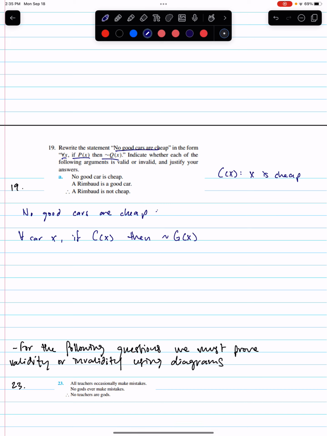That's what this sentence is saying, right? So we'll say g of x is good, but if it's cheap, then it's not good. It says no good cars are cheap. So if our car is cheap, then it's not good.